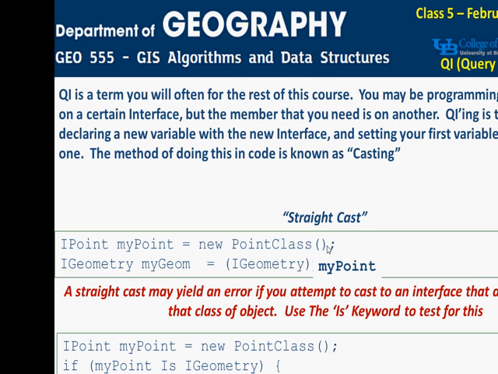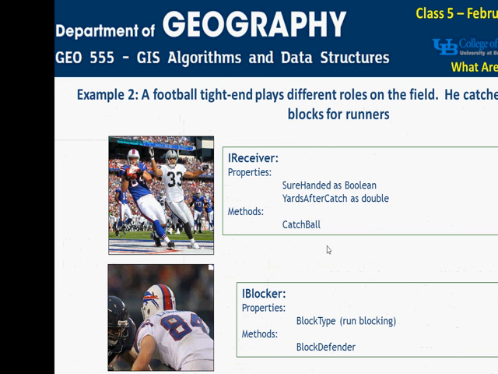An error, and I've messed this up enough times. This code assumes that iGeometry and iPoint are castable. Not all interfaces can be cast to all things. And if this item in parentheses isn't castable to iPoint, you'll cause a program error. Like for example here, I didn't take the example far enough, but for the tight end, there are only certain interfaces that work with tight end. I mean, there could be a lot of them.